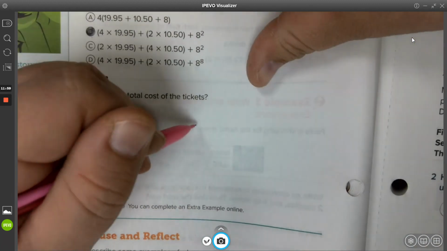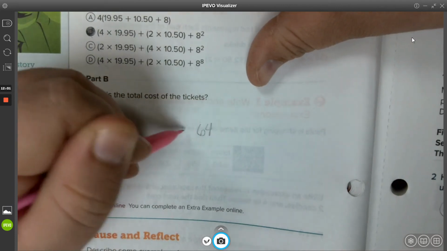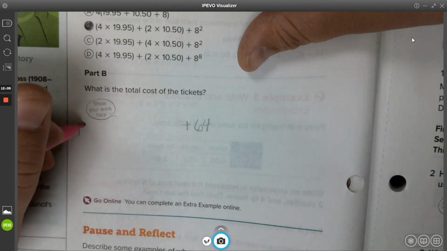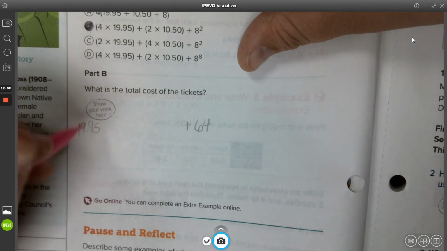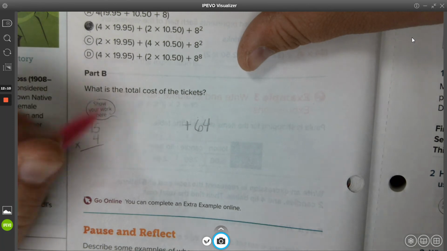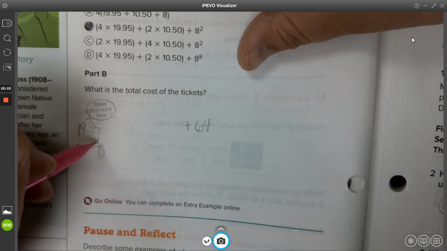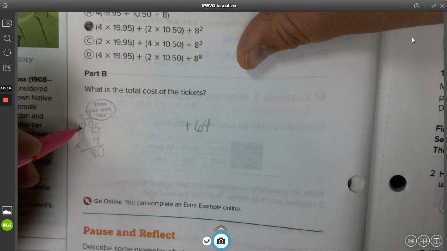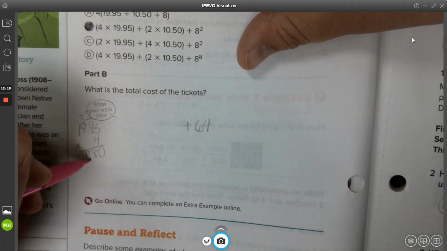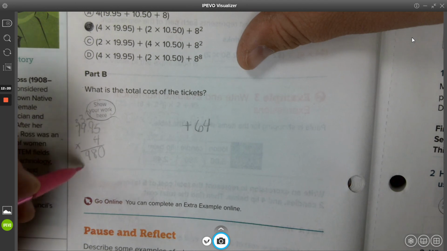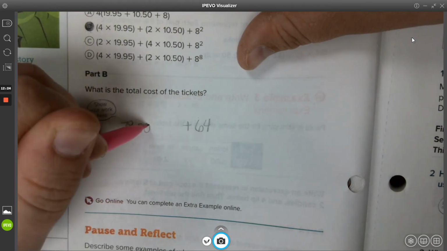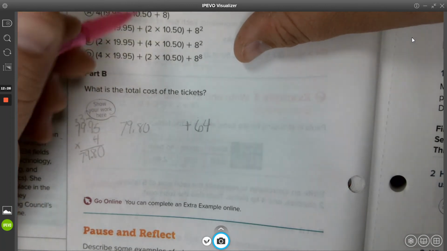8 times 8 is 64. So I'm going to start at the end there and write that down. We're going to do 4 times $19.95, which should be 4 times that, 36, 38, 39, and 79.80. And then we would do 2 times $10.50.